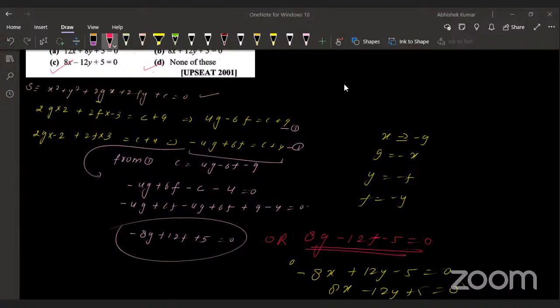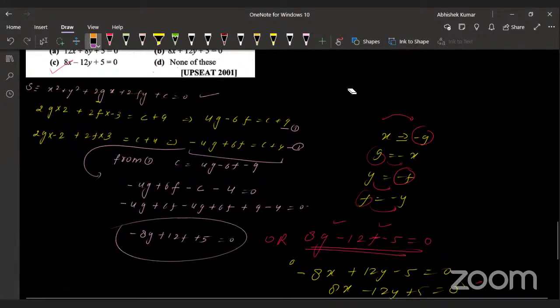Because center has coordinates minus g and minus f. That means x is minus g, y is minus f. So g is minus x simply, f is minus y. So you replace g and f here by minus x and minus y. So you are getting option number C matching with this. Clear or not? Yes or no? Yes, sir.